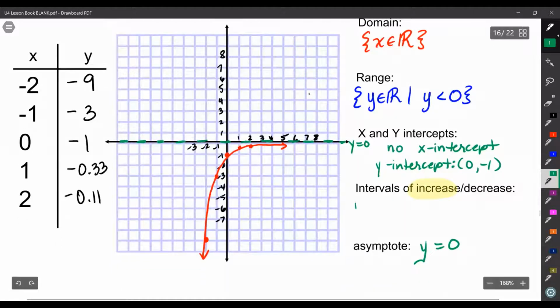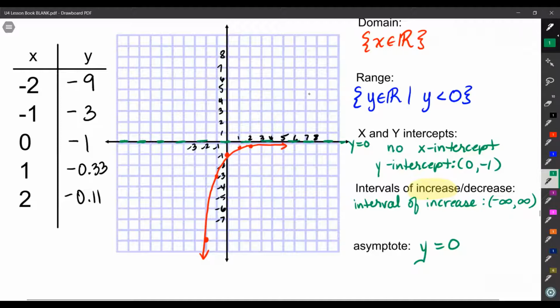We would basically just say that the graph is increasing everywhere. So our interval of increase is just from -infinity to +infinity, just like we had for decrease last time. So literally we're just saying everywhere the graph is increasing. And there's no interval of decrease because there's no area where our graph starts decreasing.